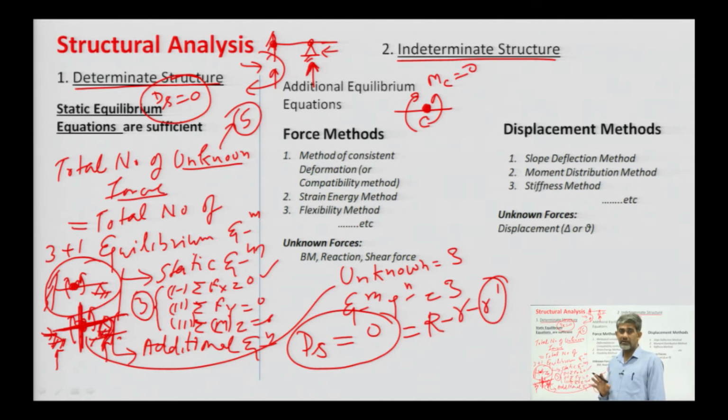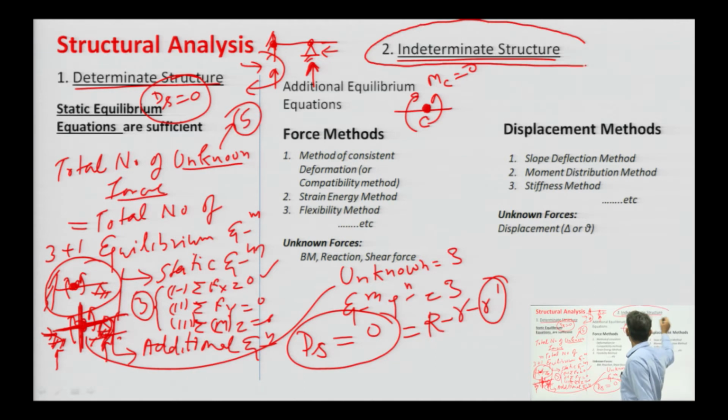And such types of structures, such types of analysis, come under indeterminate structures. So, indeterminate structures are those which have static indeterminacy more than 0, meaning 1, 2, 3, 4.